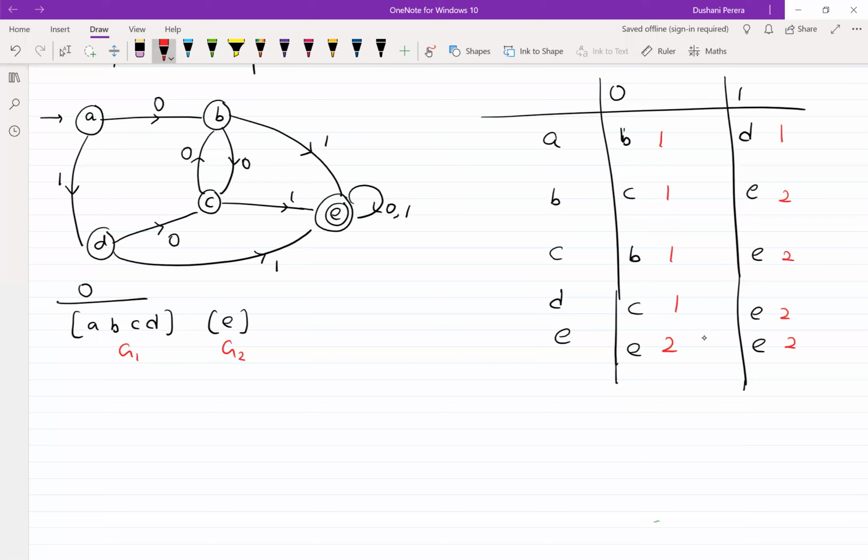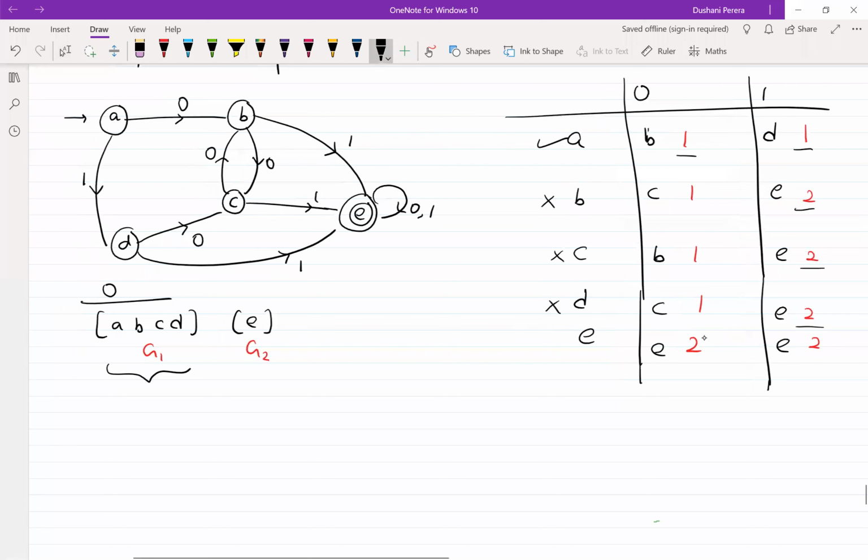Now the ones in group 1, A goes to 1 1, but when you take B, C and D, they go to 2. Therefore A has to be separated. A behaves in a different way to how B, C and D behave.